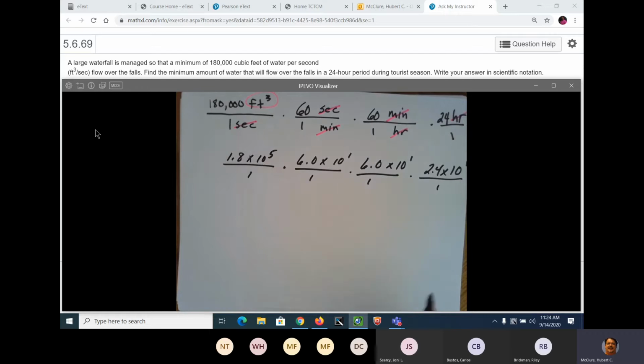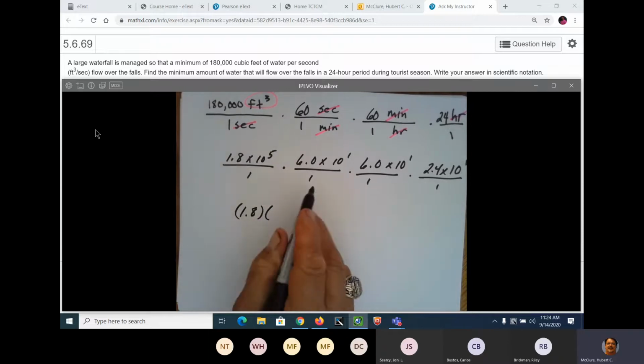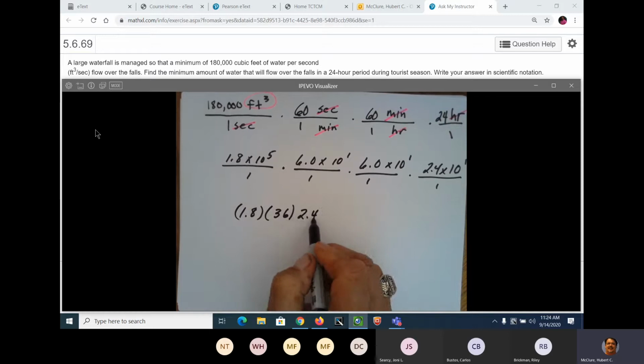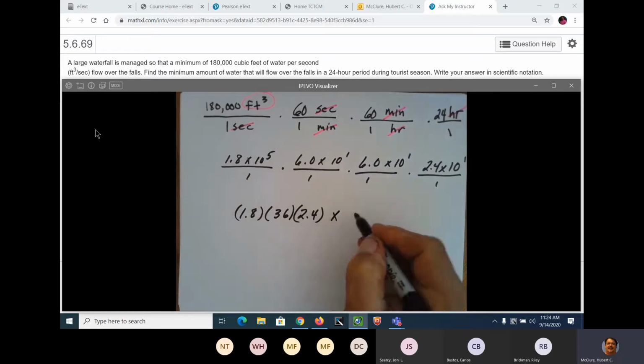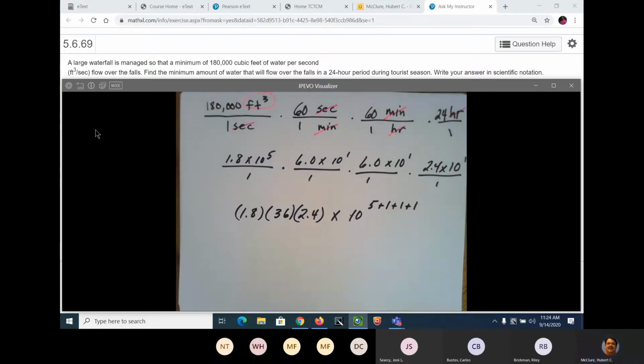Of course, everything's over 1, so you can pretty much do away with the fractions. And that's going to be 1.8 times 36 times 2.4 times 10, 5 plus 1 plus 1 plus 1.